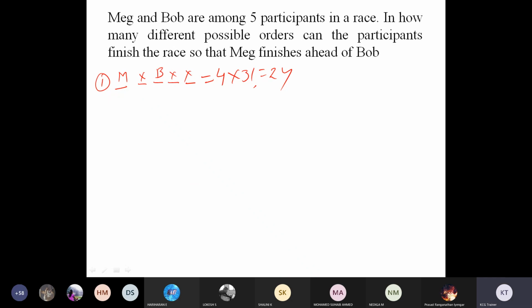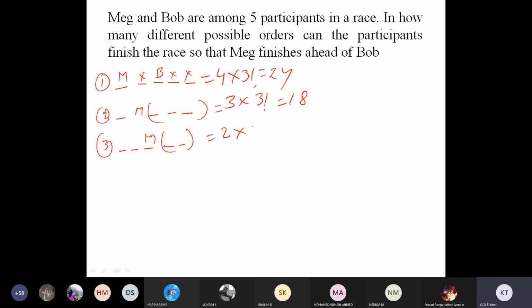If I consider Meg in the second position, then Bob can take any one position out of the 3 only, because Bob cannot be in the first. Bob can take any one out of 3, and the remaining people 3 factorial. If I consider Meg in the third position, then Bob has only 2 positions left, and the remaining 3 factorial, that is 12.